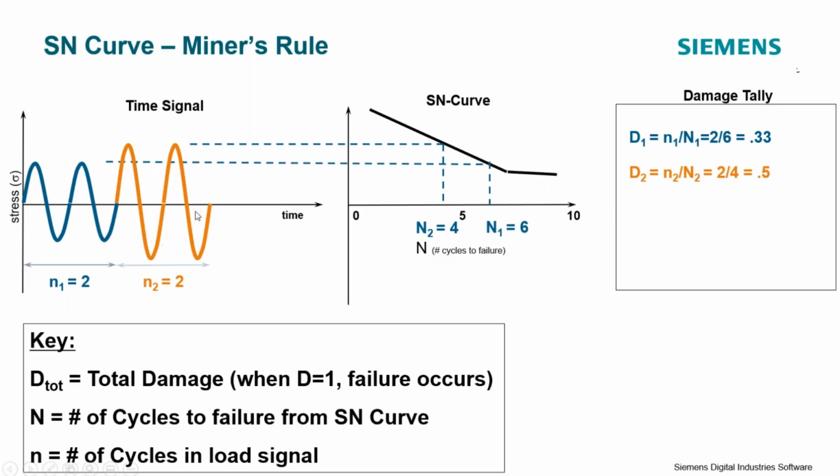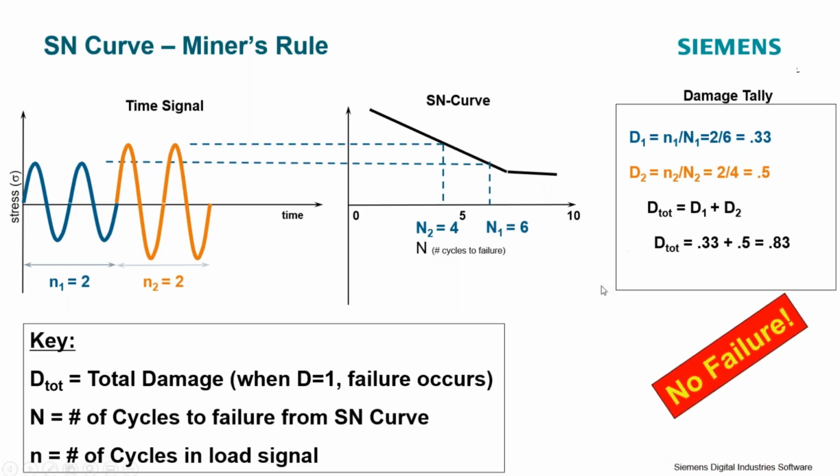So I have a damage value of 0.5 due to the orange time history, and to get the total damage caused by this entire time history, I just sum those 2 values up and I get a damage value of 0.83. So I don't see failure in this case.